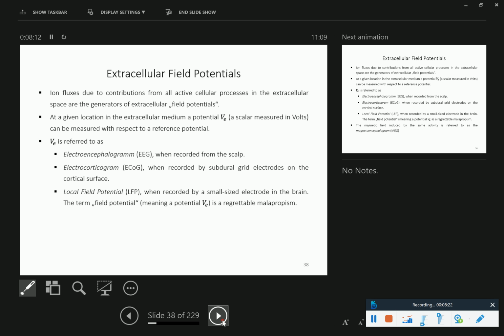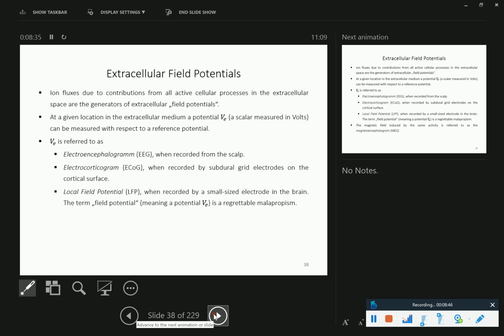Then it's called electrocorticogram, and they also measure the potential varying over time, which is happening in the extracellular space. And of course, the EEG that you put onto the scalp picks up the same kind of activity. But, and this is the important thing, they filter this activity in different ways.